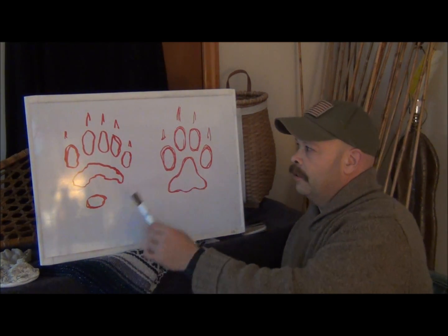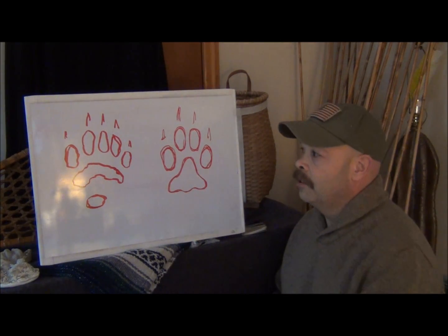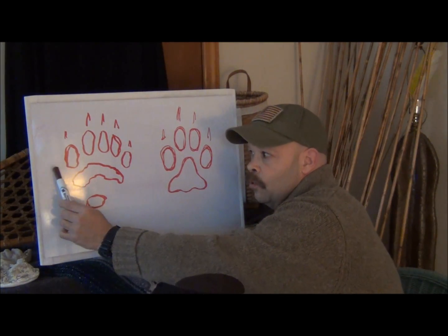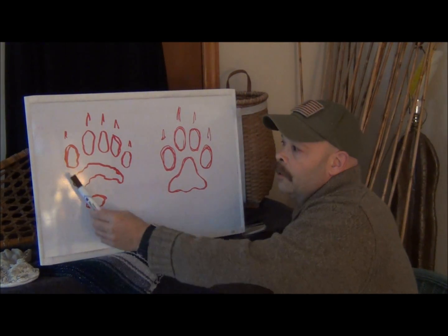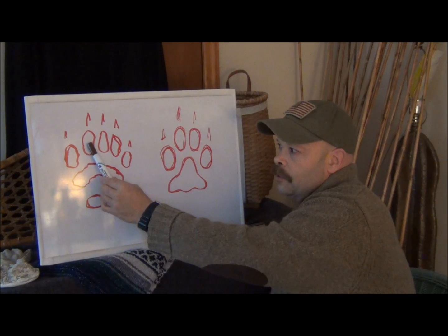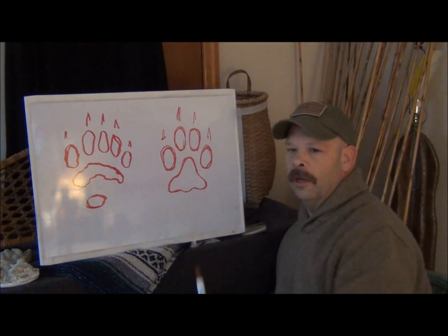These would all be considered right-hand tracks. This is towards the center of the body. This is number 1, this is number 2, number 3, number 4, and number 5.